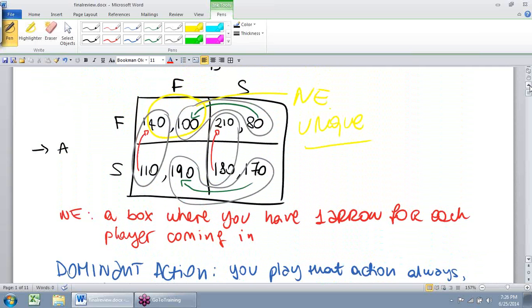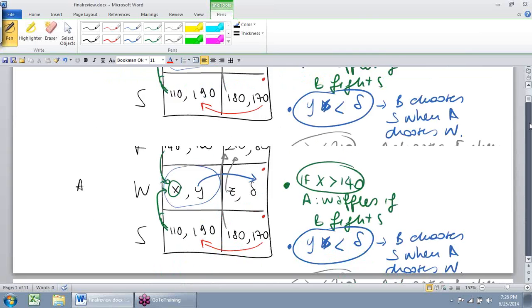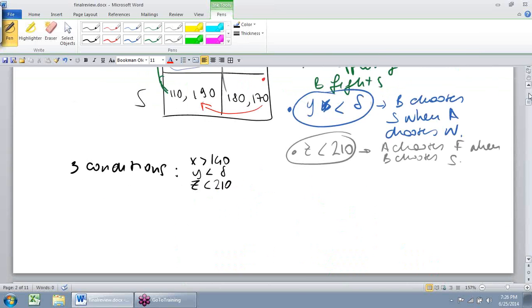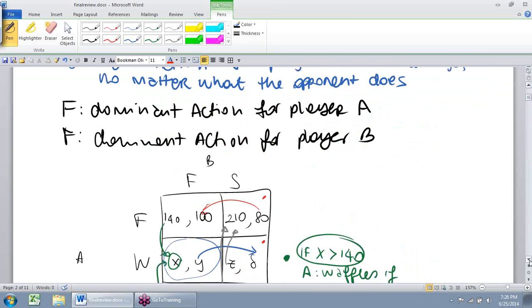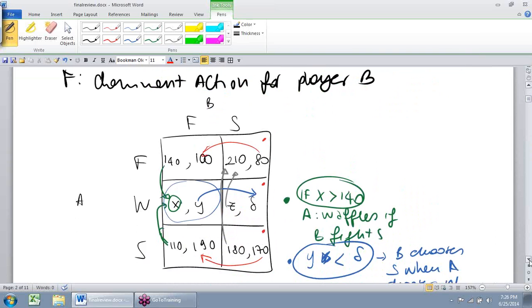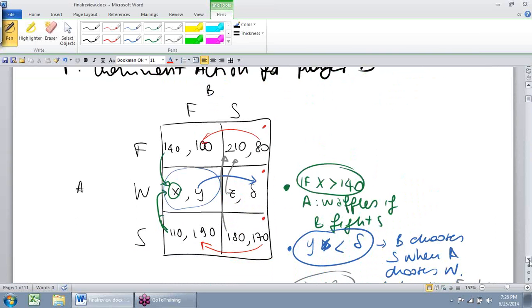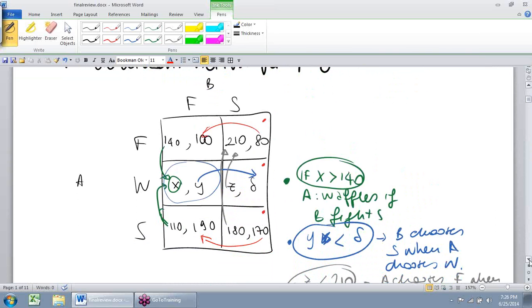Okay, so this was part A. Any other question on this? Yes, that was an example. Part A was an example of a prisoner dilemma.